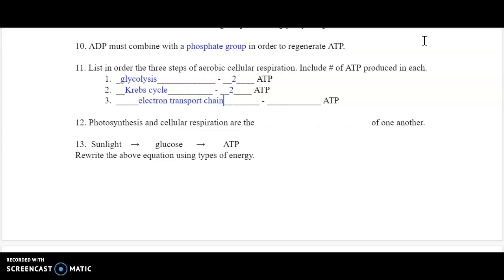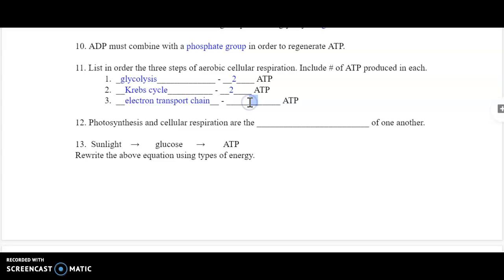It's going to hook up with those oxygens and make H2O water. Water is given out as a byproduct at this stage. At Krebs cycle, carbon dioxide was emitted as a byproduct. And then with the electron transport chain, water is given off as a byproduct.